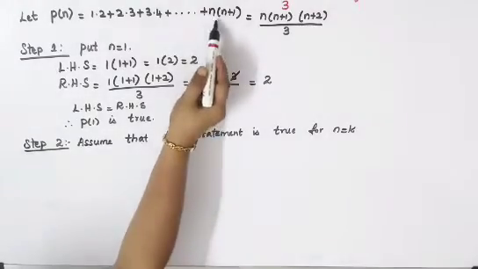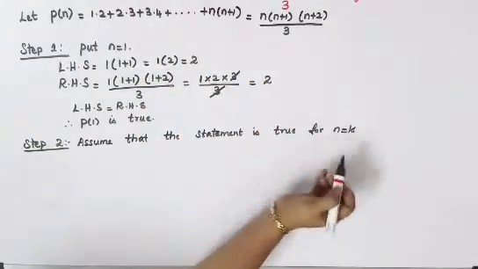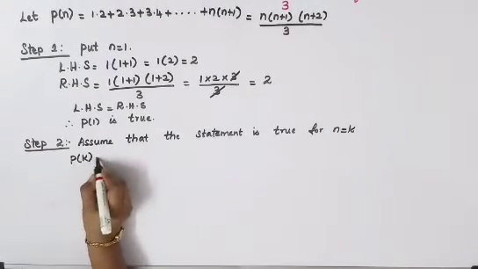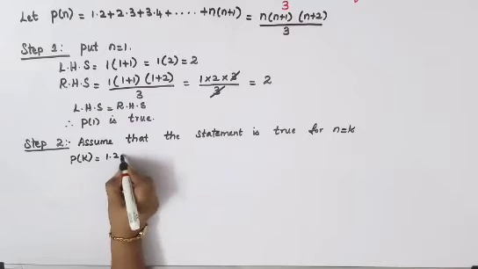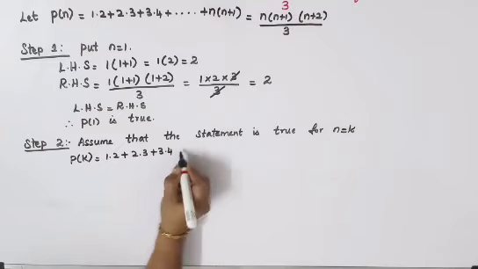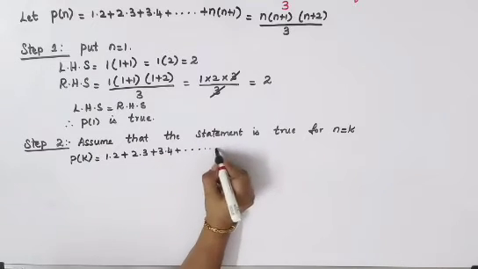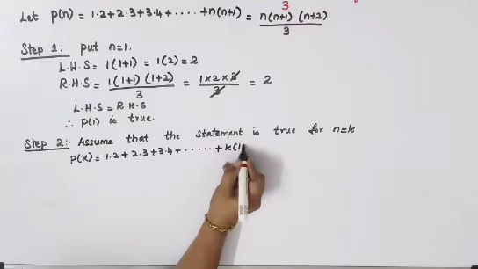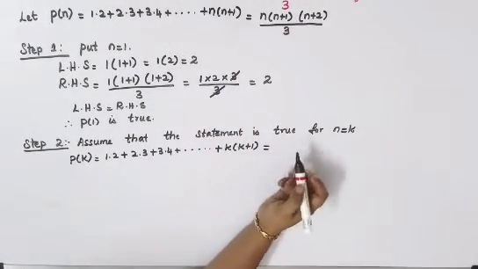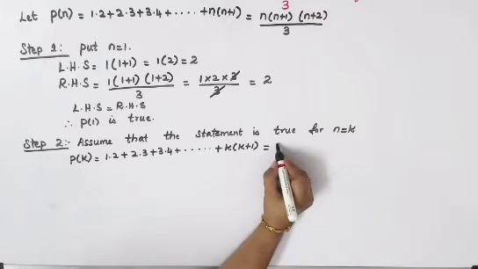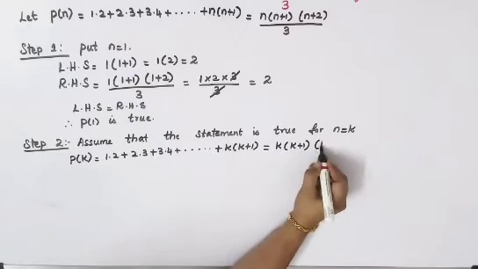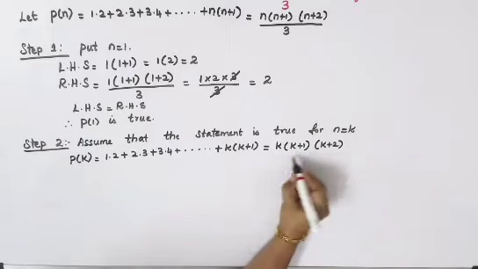Wherever n is there in your P of n, just substitute by k. So P of k is equal to 1 into 2 plus 2 into 3 plus 3 into 4 plus etc. plus k into k plus 1. So n has to be replaced by k. That is equal to, towards your right hand side also, wherever n is there, put k. So k into k plus 1 into k plus 2 divided by 3.